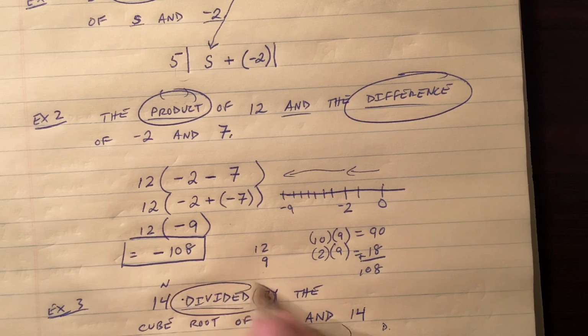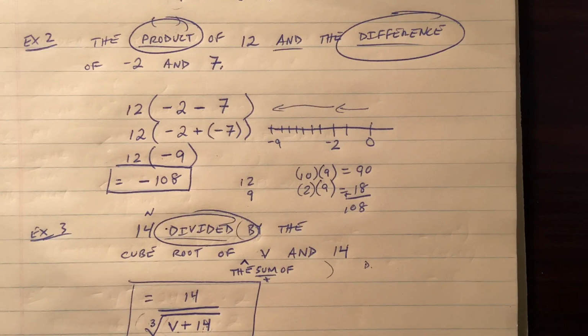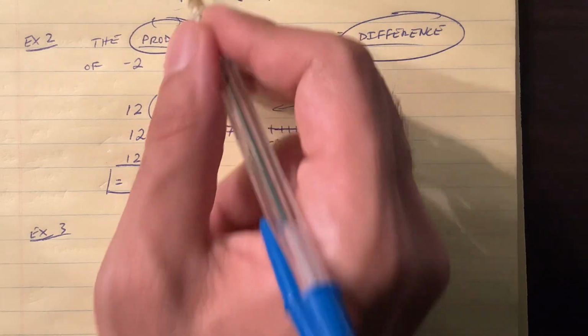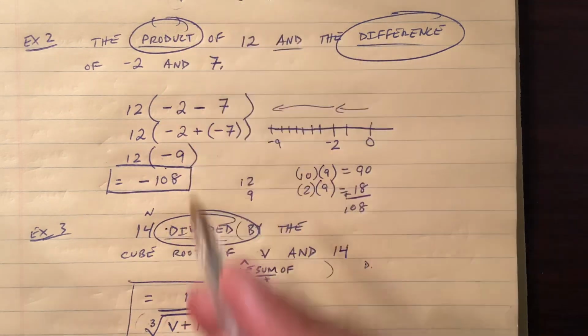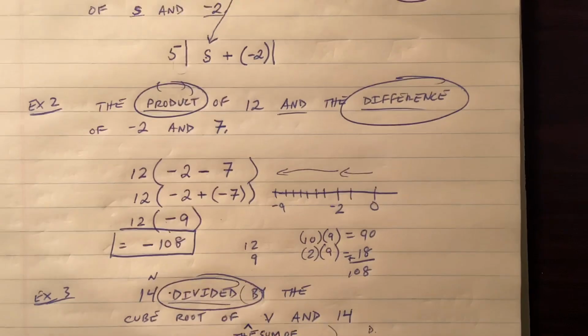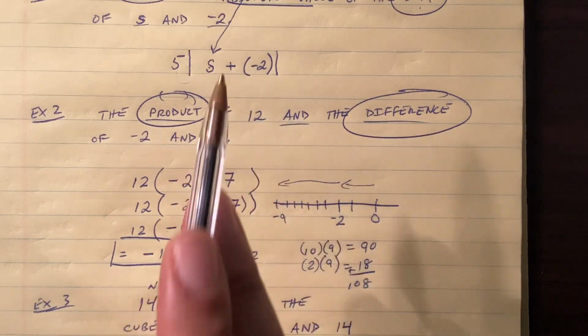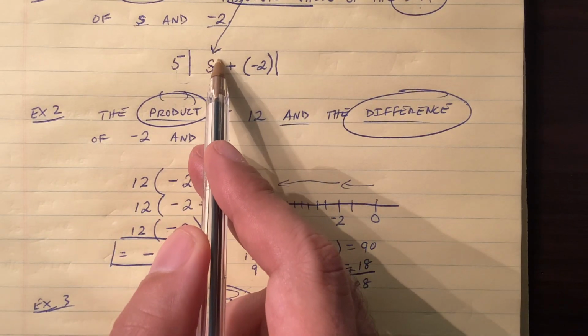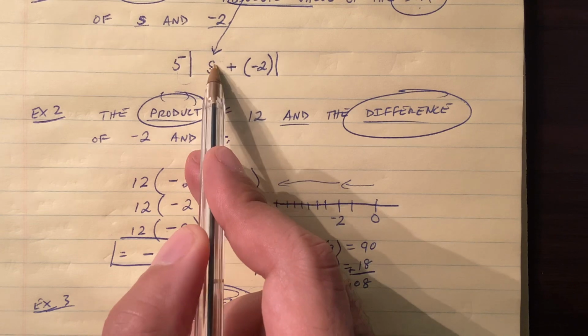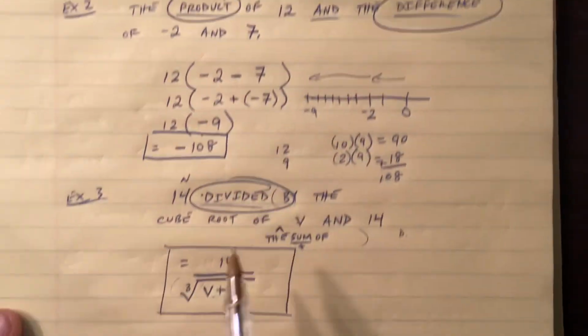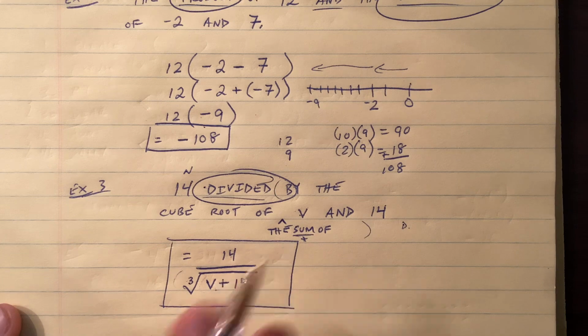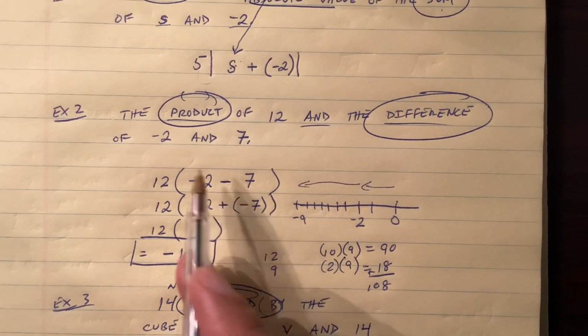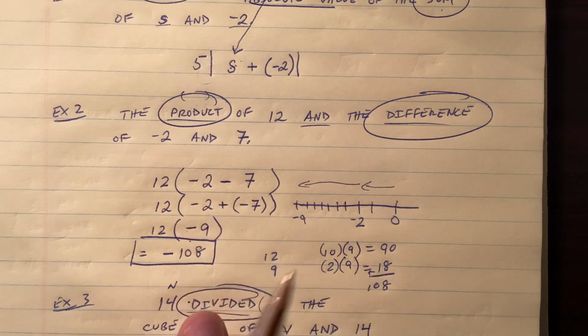Look for divided by. Those are all of the key words. As long as we break it down piece by piece, we'll be able to translate it, as in these 3 examples that we did here. Also, be on the lookout if your phrase has a variable in it, as the first one and the third one did. We just write it down and it's simplified. But if it's numerical, then we can continue to simplify it.